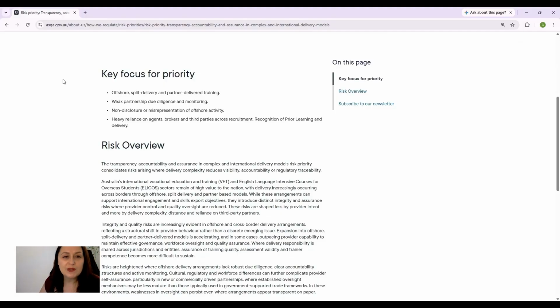So again, I'm not going to spend time reading through the risk overview with you because you're perfectly capable of accessing that yourself on ASQA's website. So instead, let's talk about what this really means for RTOs. Now, this risk priority is a little different to the others that we've covered in this series.